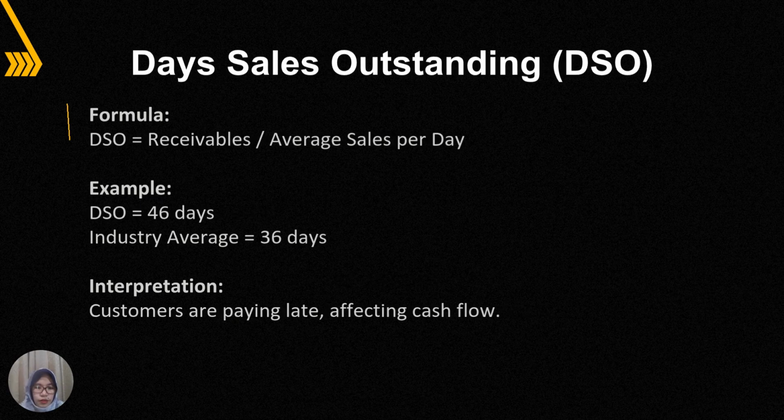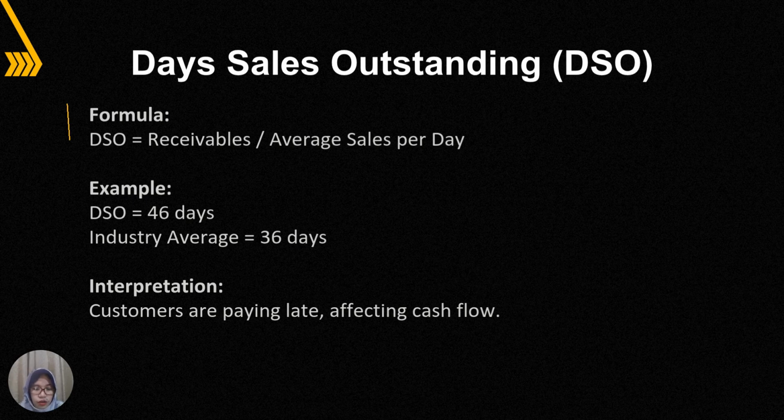Now, let's talk about the days sales outstanding or the DSO. So this days sales outstanding measures how long it takes for customers to pay after making a purchase on credit. So take note of the purchase on credit. So this means our formula will involve receivables divided by the average sales per day.